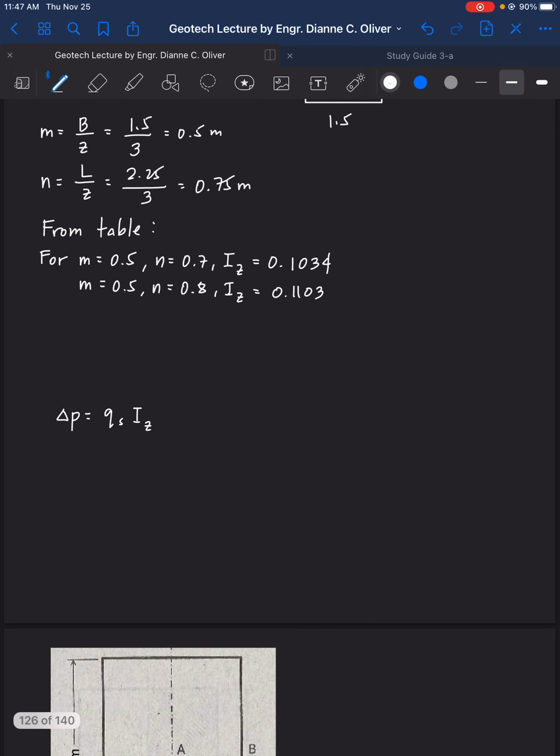So using linear interpolation, let's just put it here aside.